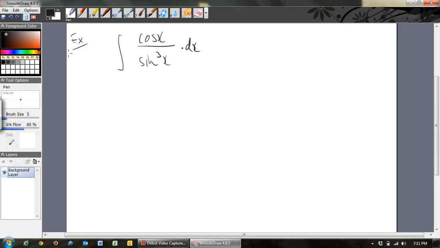And so what that means is a substitution might be a really good idea here. So let's do this. Again, we always use u. So we say let u be equal to the inside function, which is sine x. The derivative, du dx, is equal to the derivative of sine x, which is cos x. Okay, so now what we can do is substitute these values of u into our antiderivative.